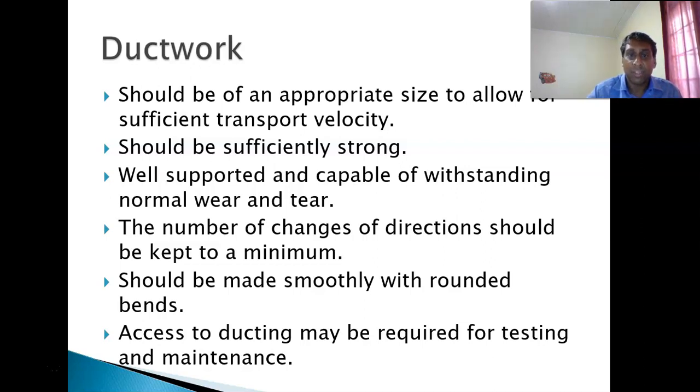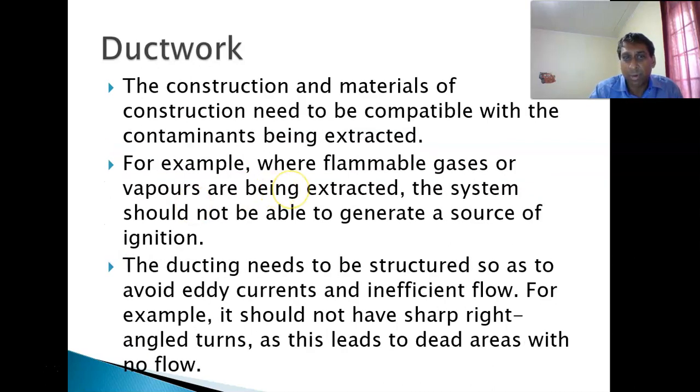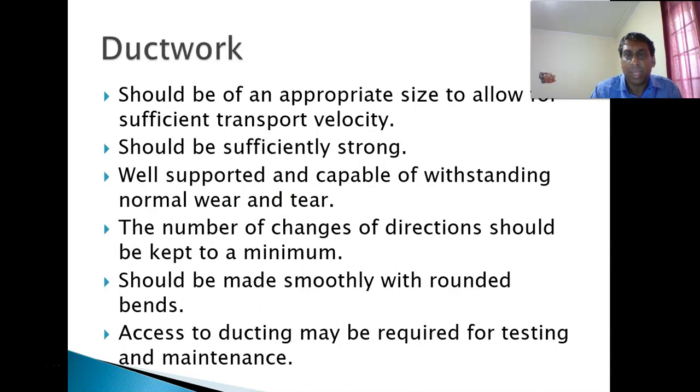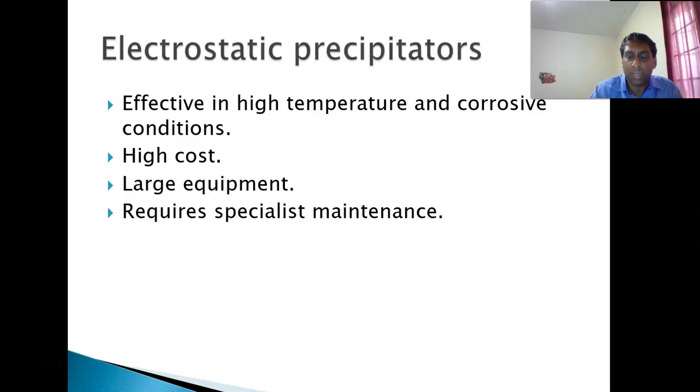It must be of an appropriate size. For example, they do like the idea of it being round and having limited bends, so as to allow the free movement of contaminants through it, right? The construction and material of the ductwork needs to be compatible with the contaminant being extracted.